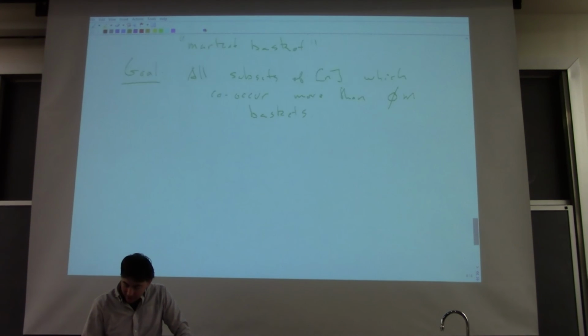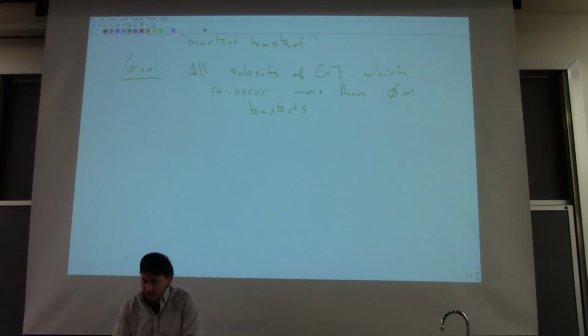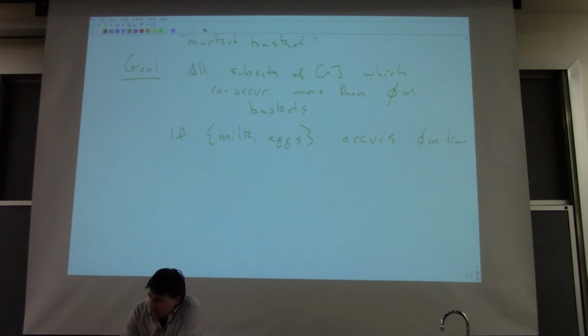Kind of the main insight is that, say, if milk and eggs occurs phi m times, then both milk and eggs occur at least phi m times.